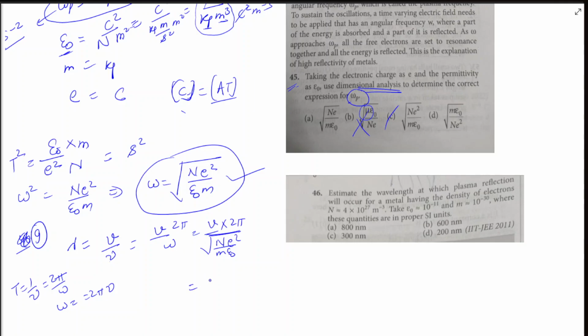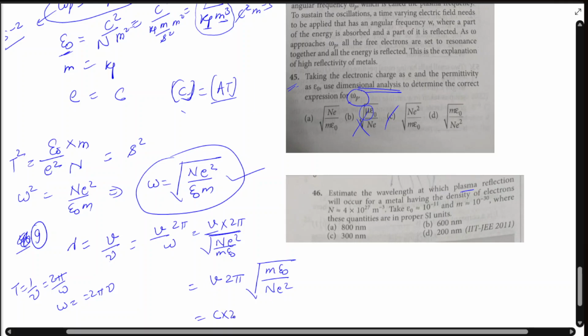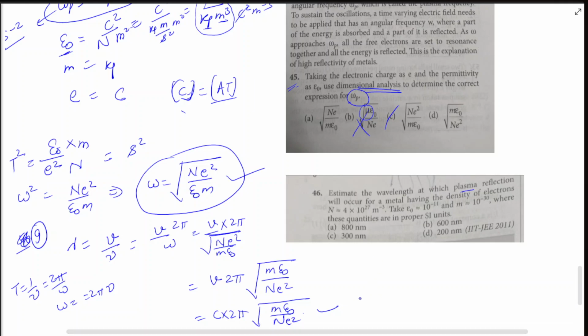All the values are given, we just put them in and we'll get our answer. So v into 2 pi root m epsilon naught divided by n e square. In the place of v, since it's a plasma reflection, we have to write c. So c into 2 pi root m epsilon naught upon n e square. If you solve this, you will get the answer 588 nanometer.